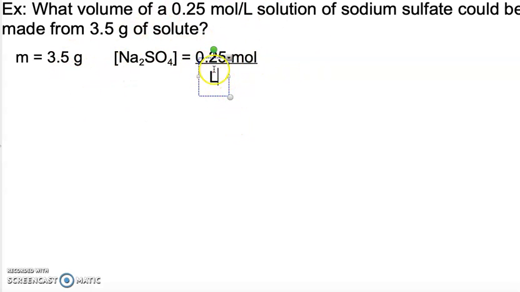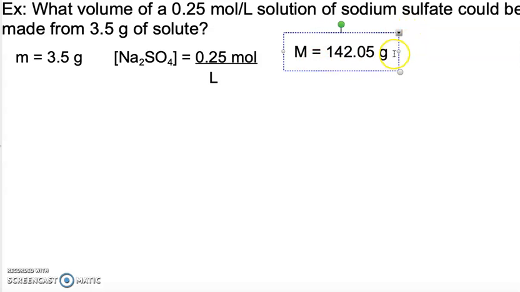We need to be able to be left with just liters, so we need to be able to get rid of grams and moles. That means we need to go to our periodic table and figure out the molar mass for sodium sulfate. Okay, molar mass for that is 142.05 grams per mole.